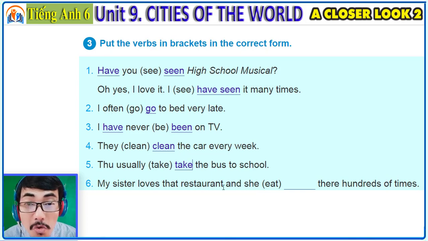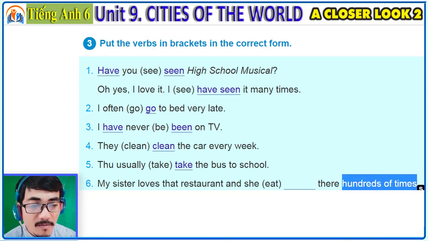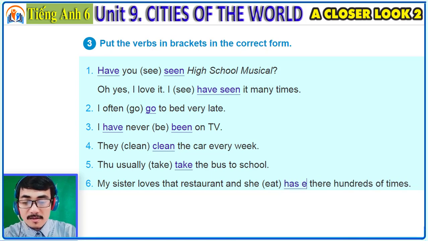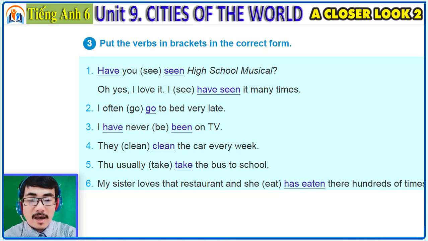Okay. Restaurant. My sister loves the restaurant and she hundreds of times, twice, 3 times, 4 times, many times, hundreds of times. So here, has eaten there hundreds of times. Okay?